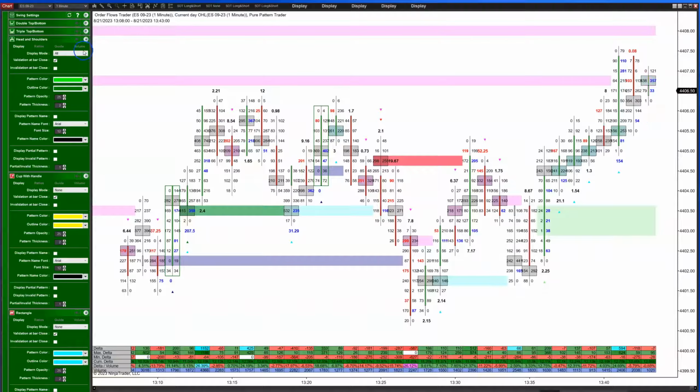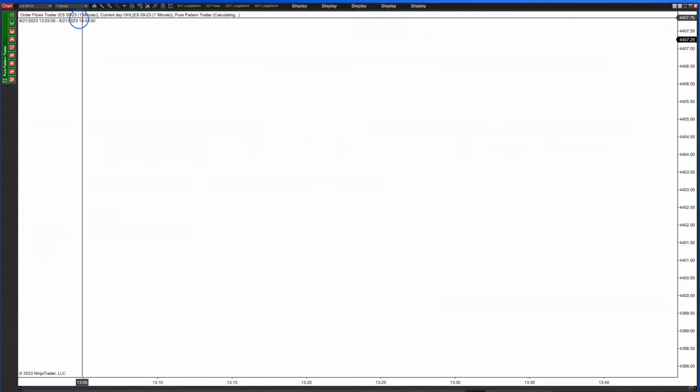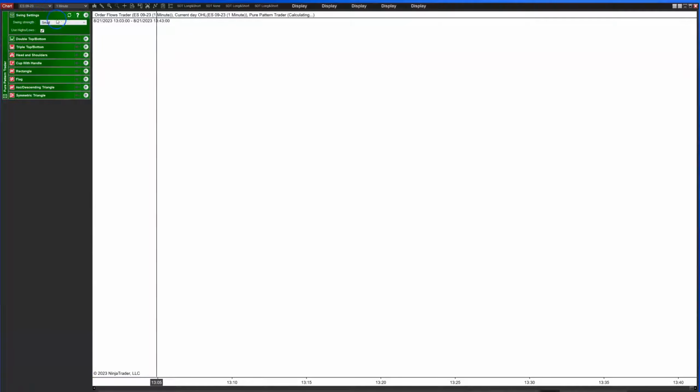Just be consistent, okay? And watch how the order flow is reacting around those areas, okay? Let's make this medium for swing strength.